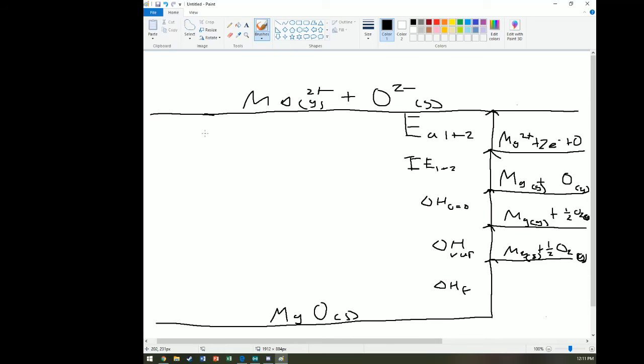And then we can go all the way down that cycle and delta H lat.